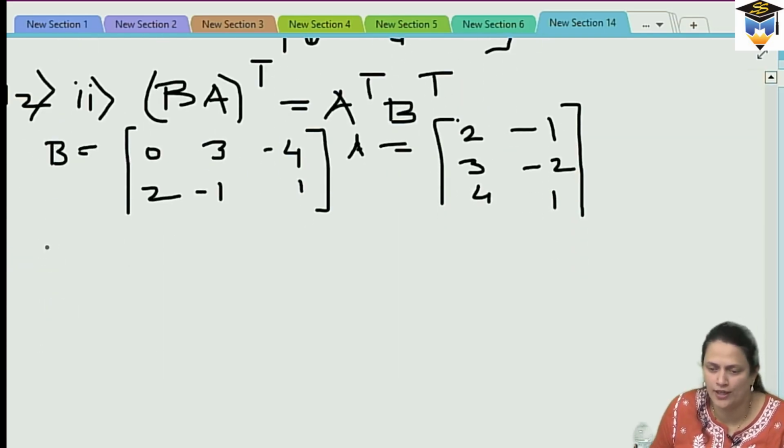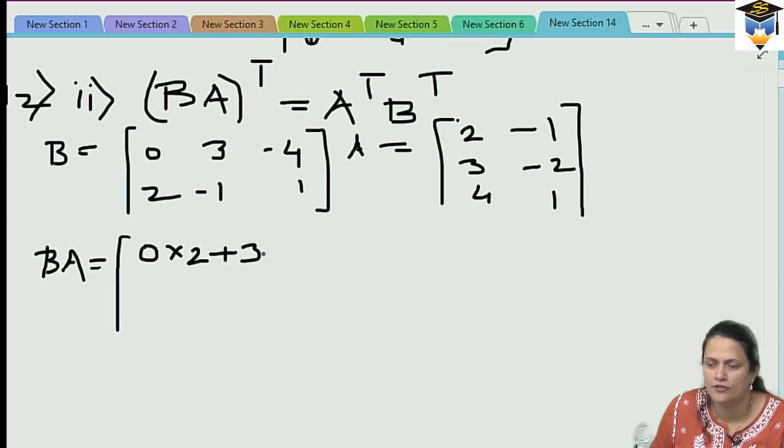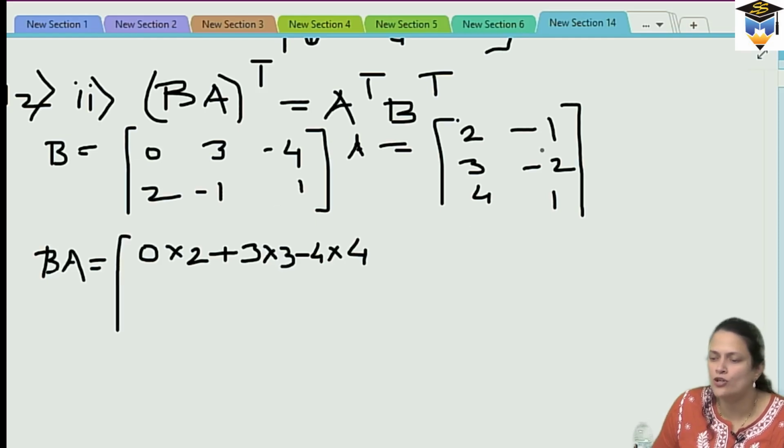What is B into A? You know, while multiplication, what do we do? First row, first column, we are going to multiply. Then next, first row, second column.